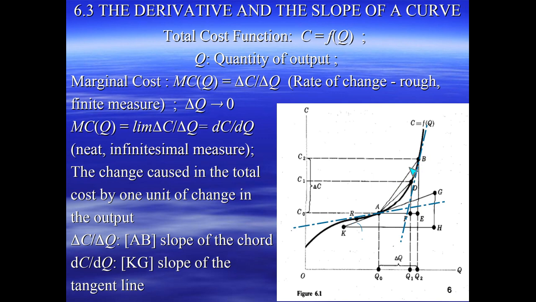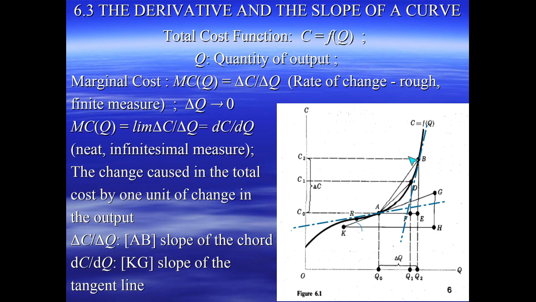When we divide the opposite side by the adjacent side of this angle, we obtain the tangent of alpha, which shows the slope of the line AB, of the chord.